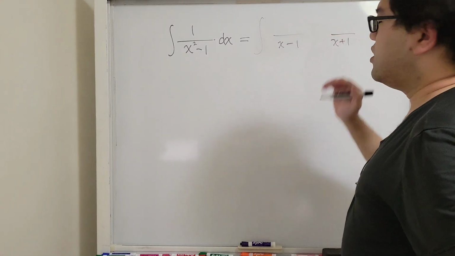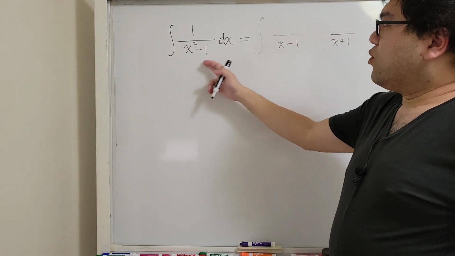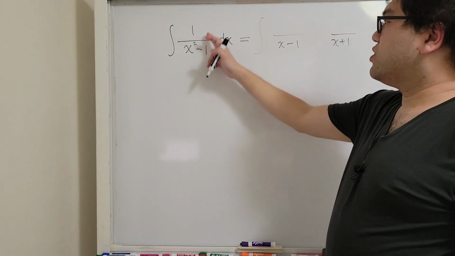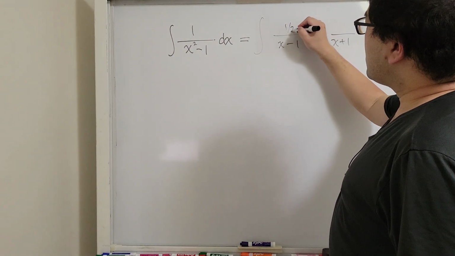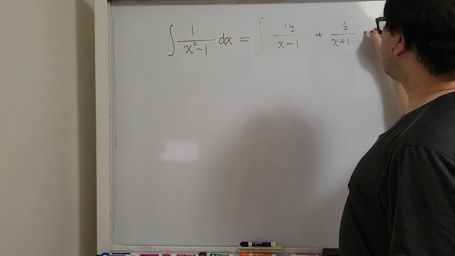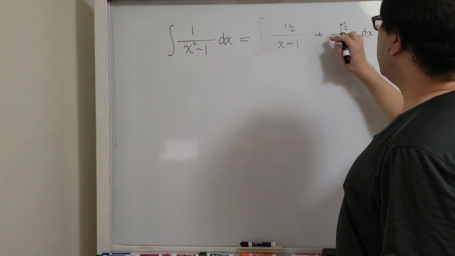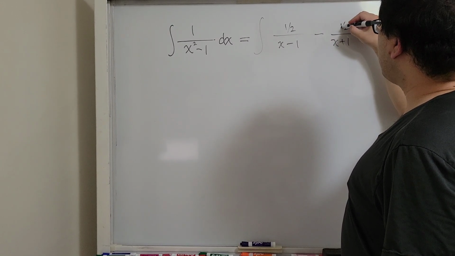Then if we solve for the rational function that is equivalent to the original function, we actually get the coefficients 1/2 and -1/2. So we can in fact write this as minus 1/2 for the second part.